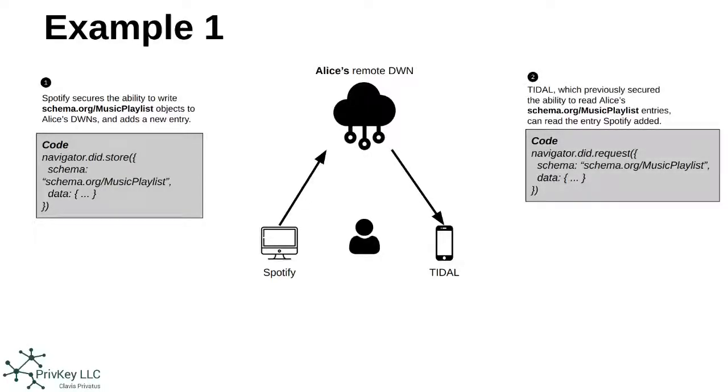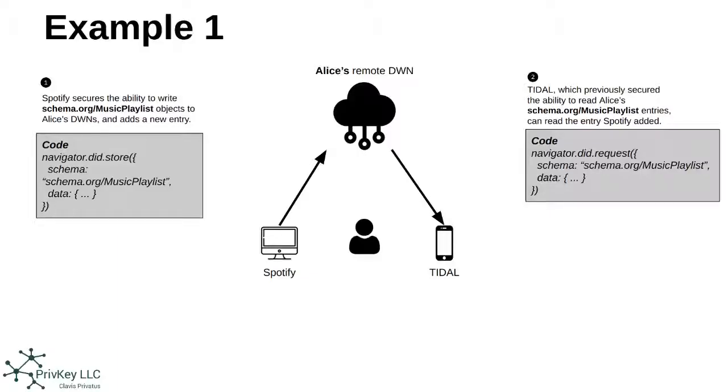Alice then moves into Tidal and says, you know what, I want to get that playlist that I have on Spotify and bring it into my Tidal account. So Tidal, which previously secured the ability for Alice's playlist and entries, can read the entry that Spotify added before.